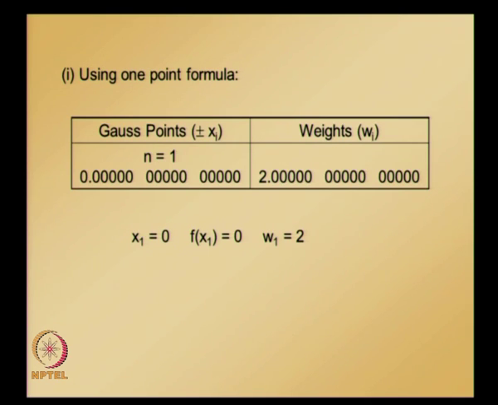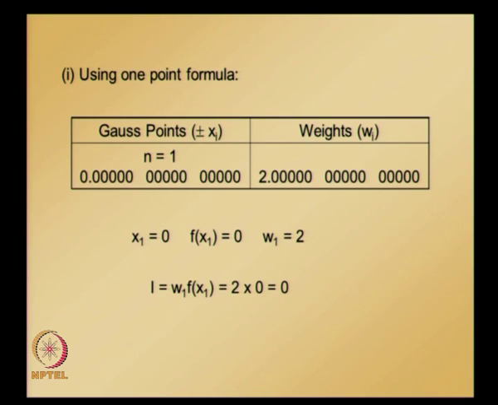Substituting x is equal to 0 in the integrand, 8 times x power 7 plus 7 times x power 6, it turns out to be 0, and finally the function value at the integration point times the weight gives us 0.